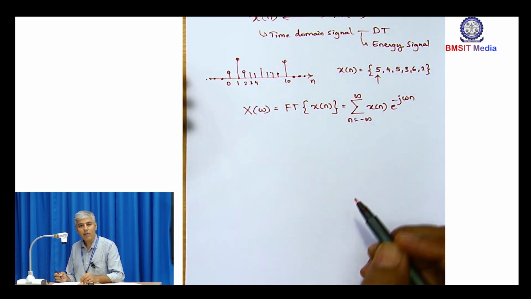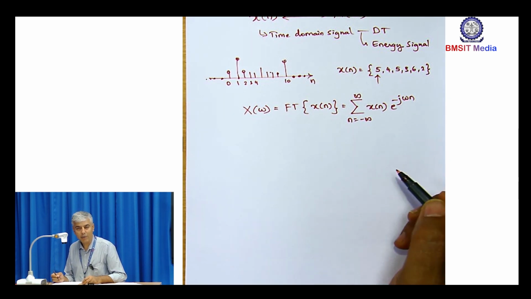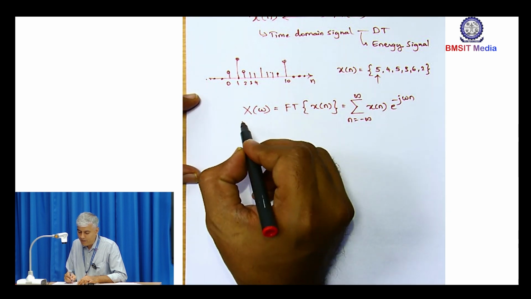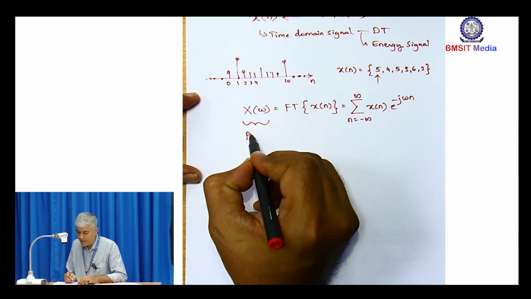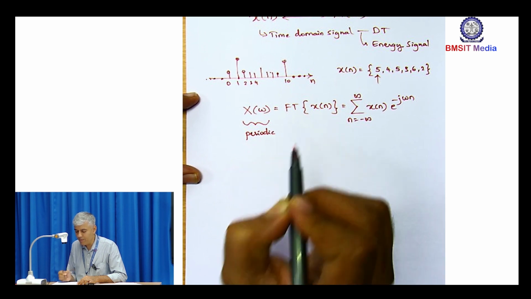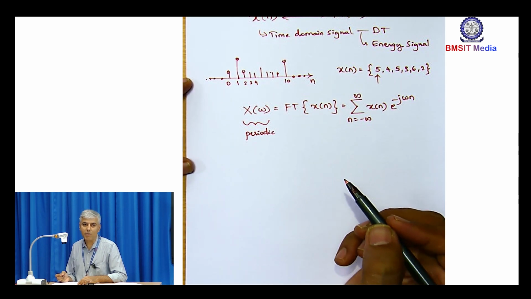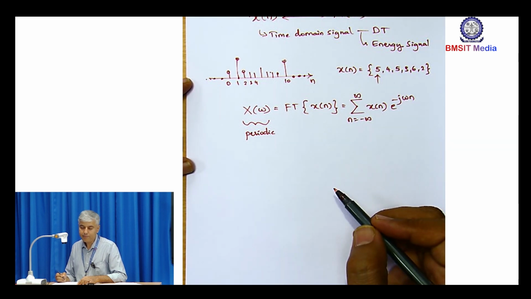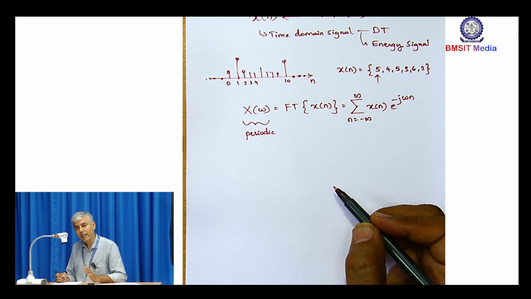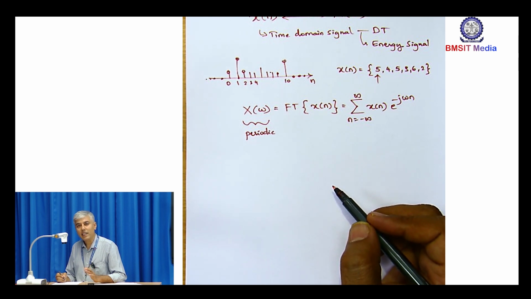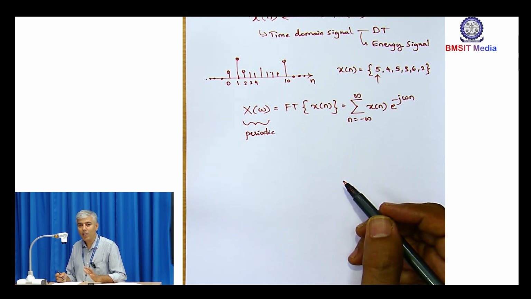But look at what type of x of omega it will be. X of omega will be periodic in nature. This is the nature of the Fourier transform. You can go back to the discussions on Fourier transform to get an insight about the type of representation in the time domain and the corresponding types in the frequency domain. Just as a hint, if the signal is aperiodic in one domain, it will be periodic in the other domain.